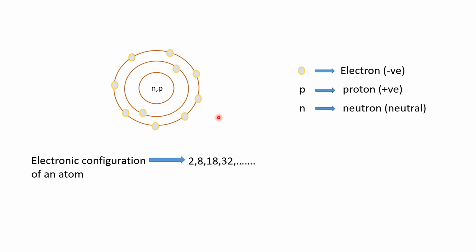You can remember this by P for positive, N for neutral, and the rest, that is electron. You can remember it if you have remembered P and N, and the electron with negative charge will automatically come to your mind. Now the number of electrons is equal to the number of protons. So if an atom has 10 electrons, it will have 10 protons as well, and vice versa.